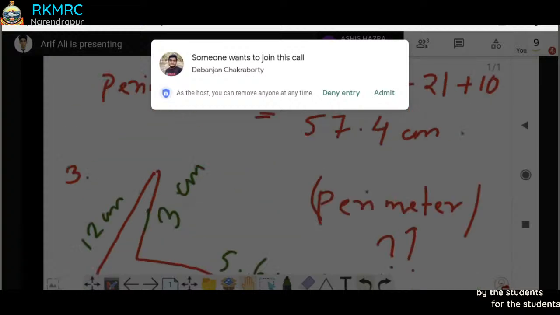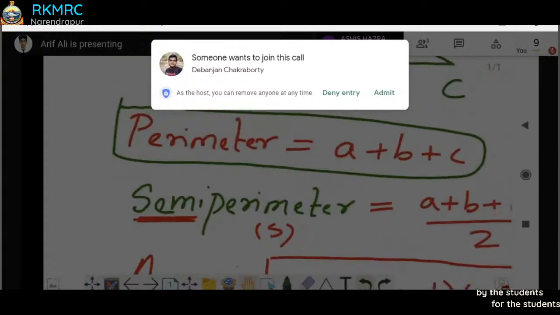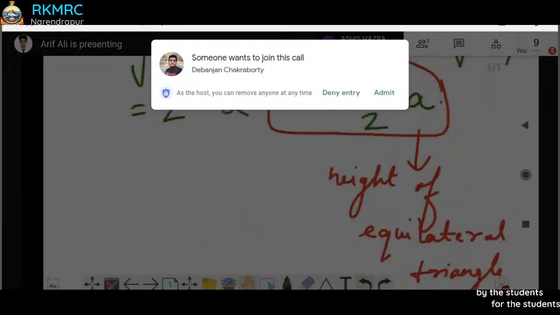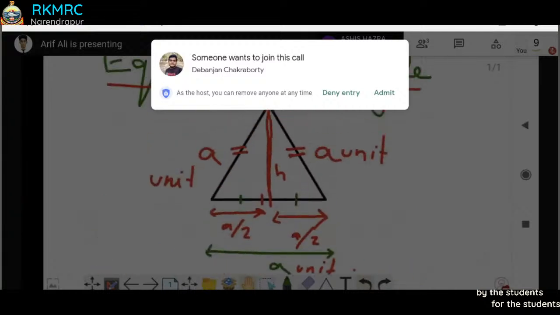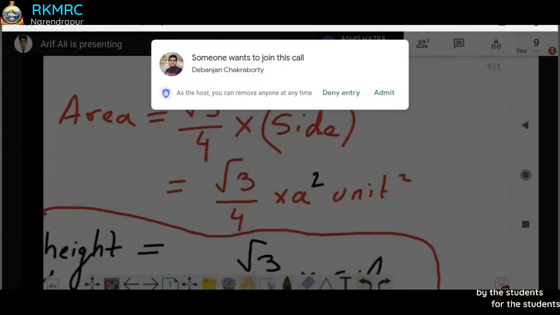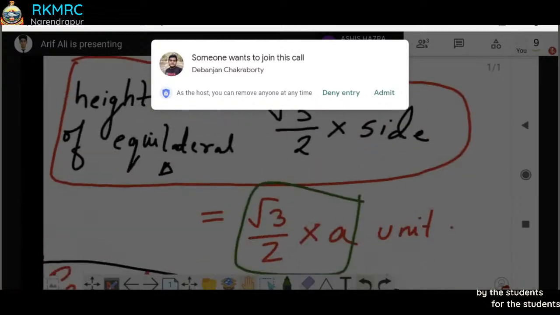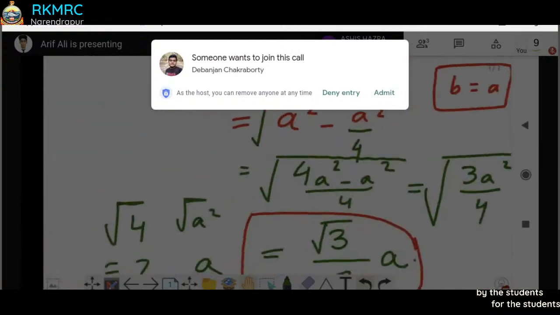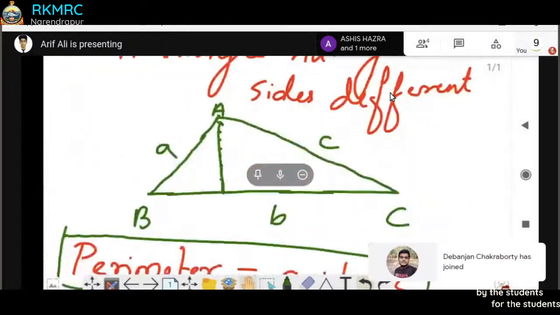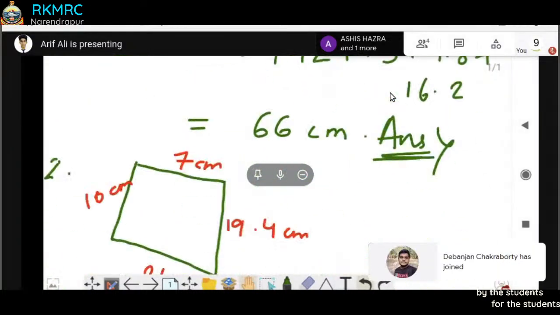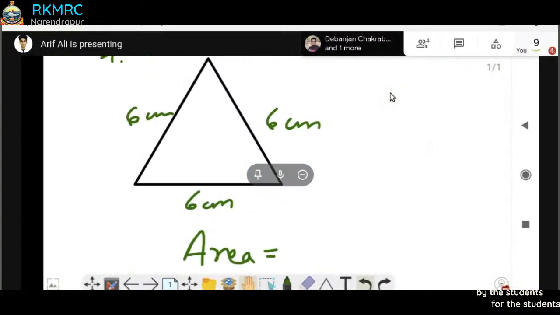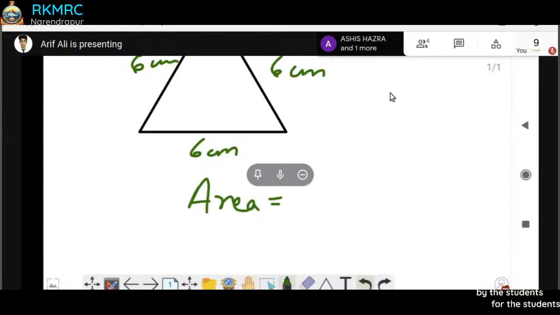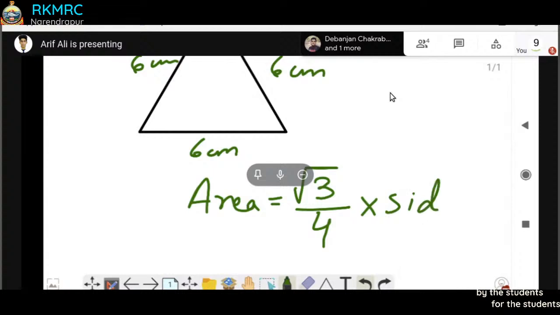The formula for calculating area of equilateral triangle: see, equilateral triangle area is root under 3 by 4 into side square. So area will be root under 3 by 4 into side square.